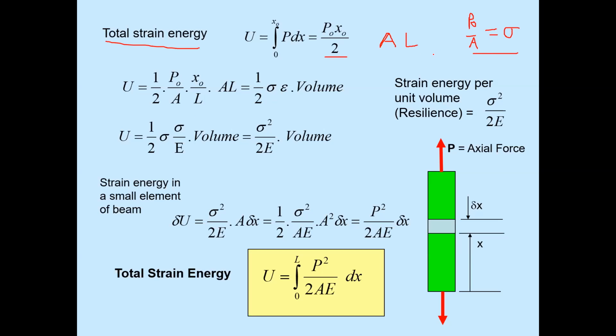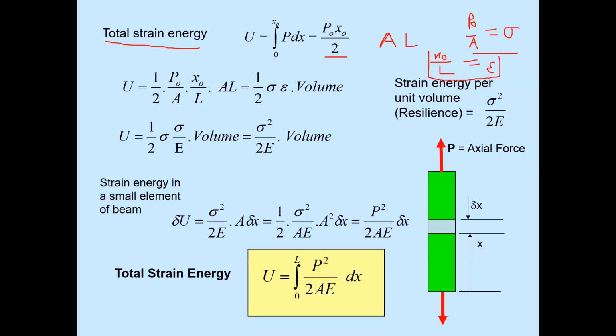X naught by L: what is x naught? It is the deformation, and L is the total length of the member. It is equal to epsilon, that is strain, because deflection per unit length of the member is known as the strain. We have already read this in the solid mechanics course.